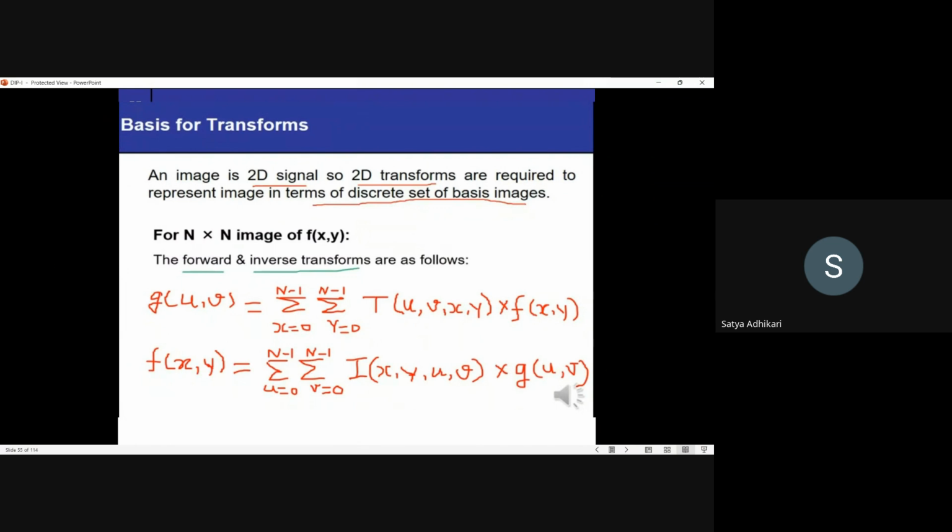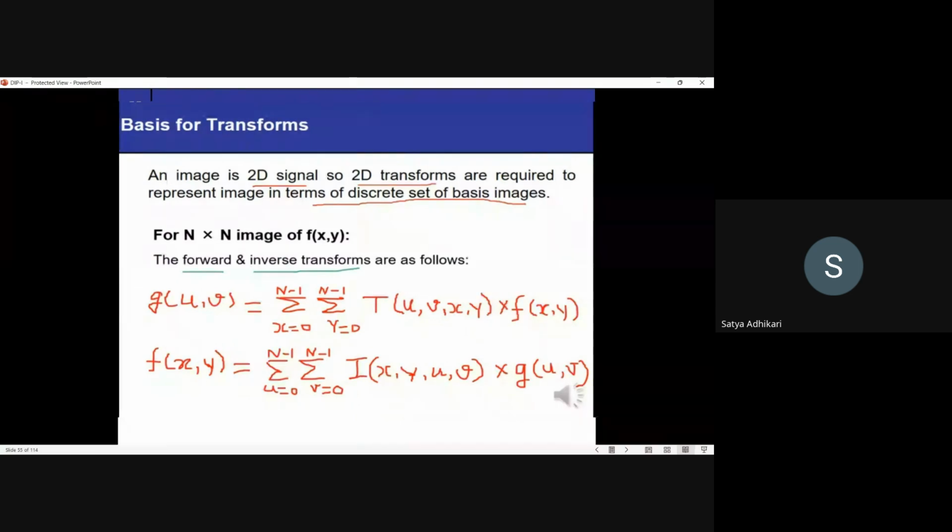And now you made some transform or processing. After that, you again want to return to f(x,y). You see here, it is I(x,y,u,v), that is, you have to use the inverse function here.